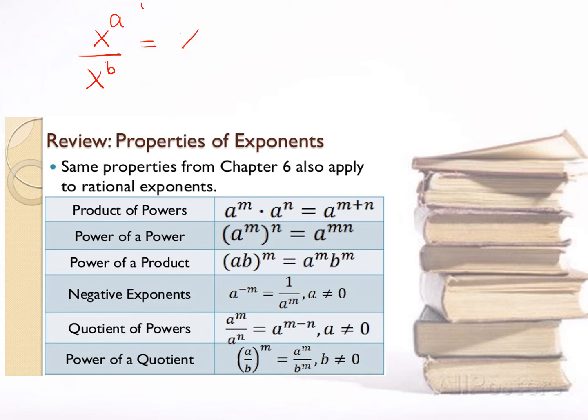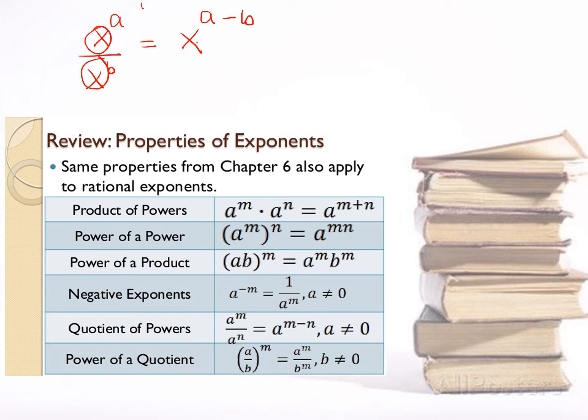What you do is write x, see the bases are the same, so you write only the base one time, and since they are dividing, you subtract the powers from each other.